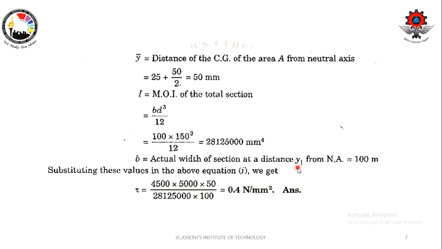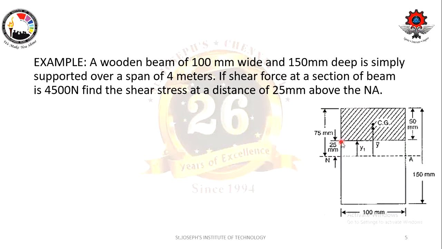B is the actual width of the section at a distance y1 from the neutral axis. The width is 100, and it is not going to change throughout the section. At any point in this section the width is the same, so even at a distance of 25 from the neutral axis, at this junction, the width is 100.